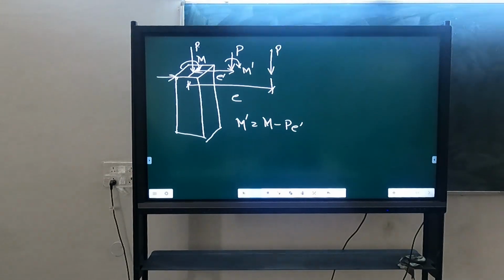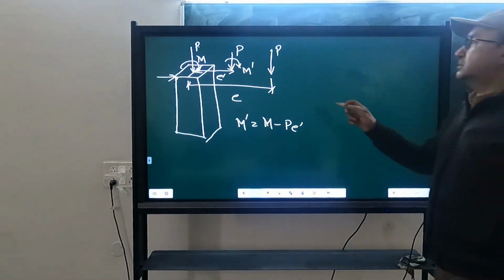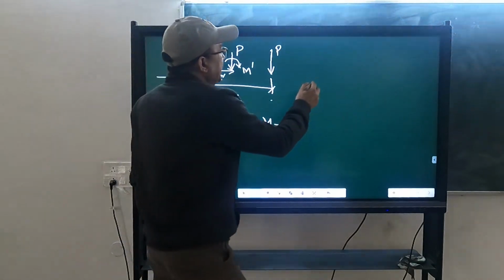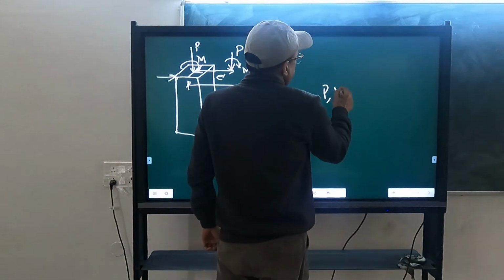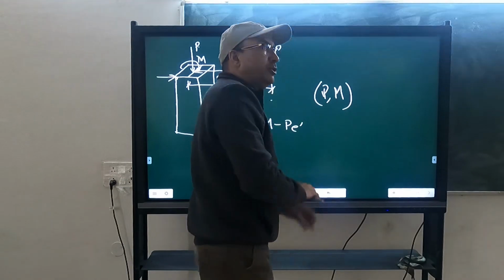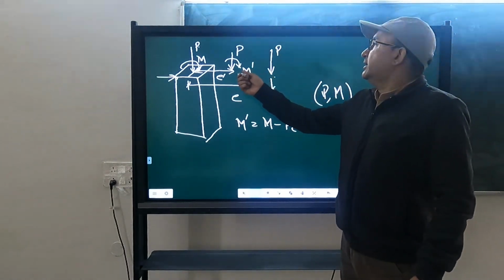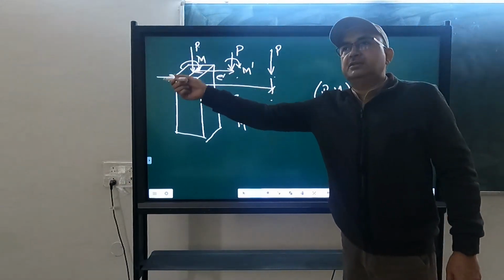First of all, when you are analyzing the structure, you should know where the designer will be using it. If you give just P and M, and don't tell where this P and M is acting, the designer can take it here, here, or any other axis.